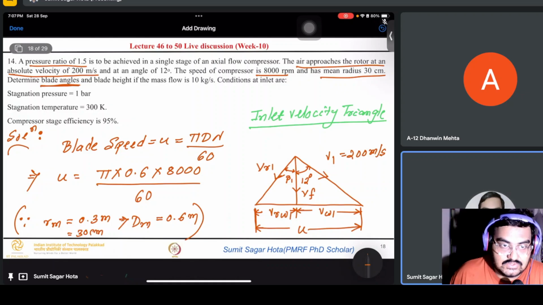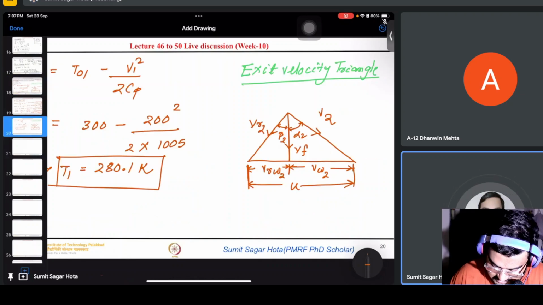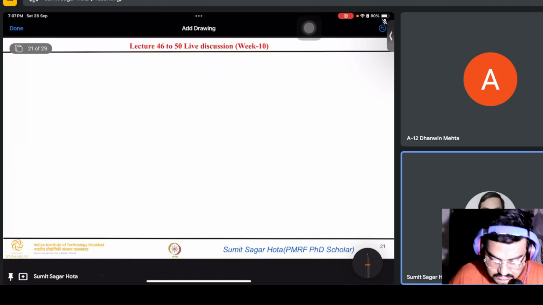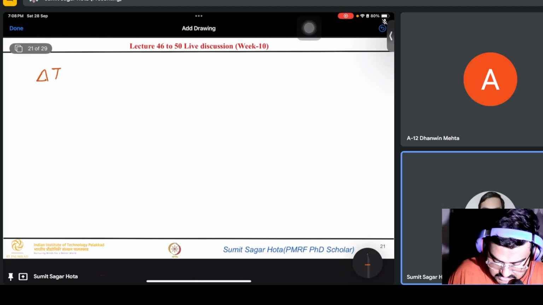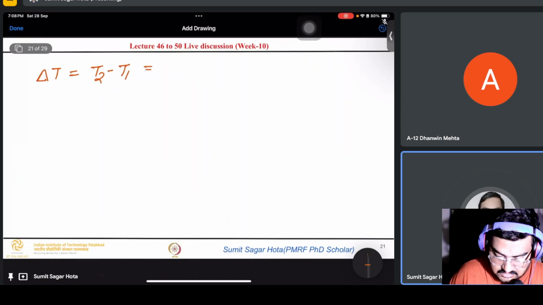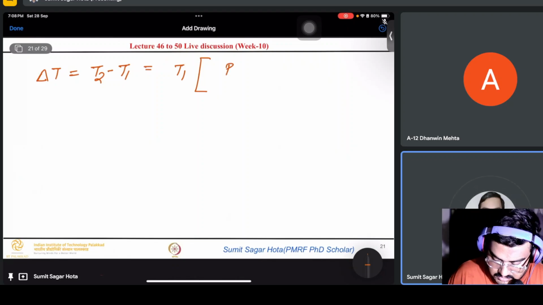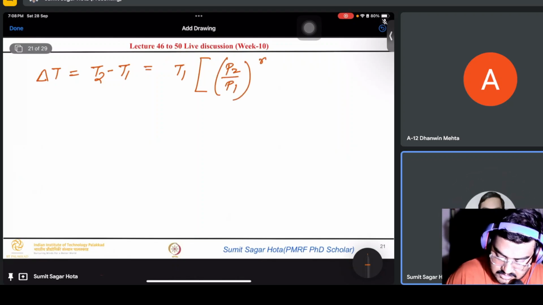The pressure ratio of 1.5 is given, that means we can find out the delta T, which is T2 minus T1 equal to T1 into P2 by P1 to the power gamma minus 1 by gamma, minus 1.